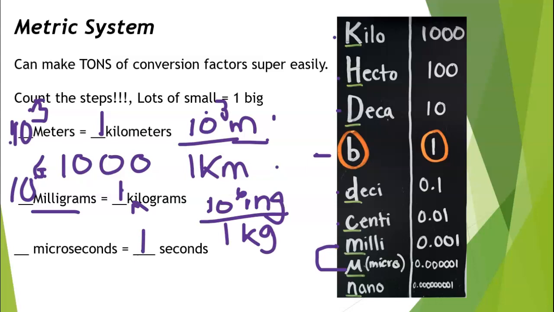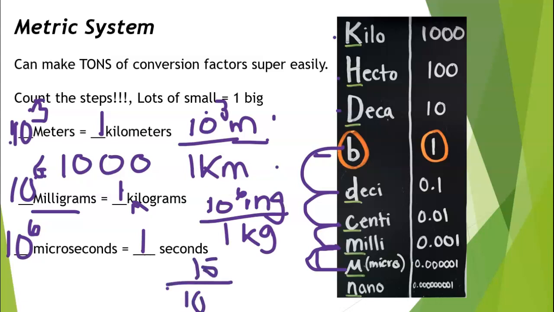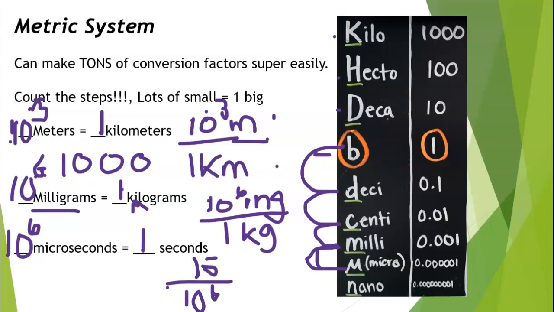Now we need to count up. From micro to milli, that's 3, and then 4, 5, 6 steps. So 10 to the 6th microseconds equals 1 second. And we can once again do a conversion factor. This time I'm going to flip it around and put 1 second over 10 to the 6th microseconds.